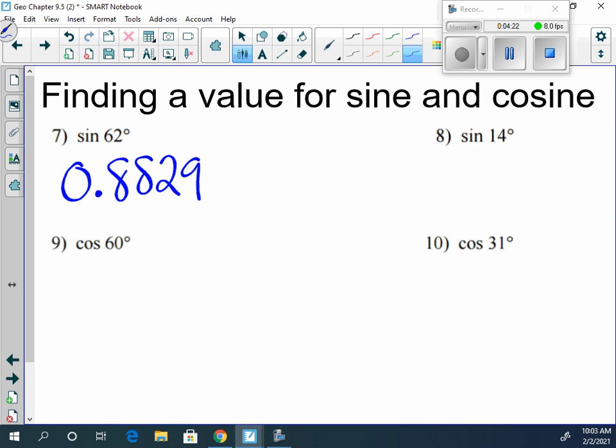How about sine of 14? Oh, 0.2419. And that's it. How about cosine of 60? 1/2. How about cosine of 31?